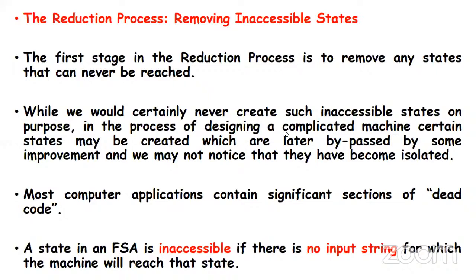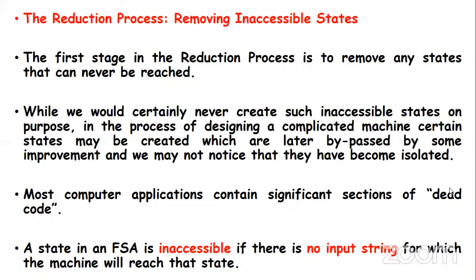In the process of designing a complicated machine, certain states may be created which are later bypassed by some improvement. We may notice that they have become isolated and you cannot link any other states to them. So it's better we remove them. Most computer applications contain significant sections of dead code, which are not really useful.